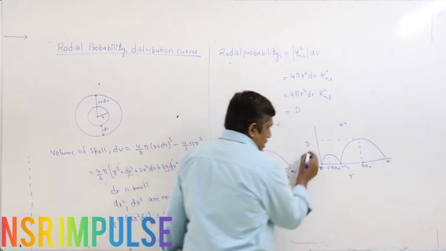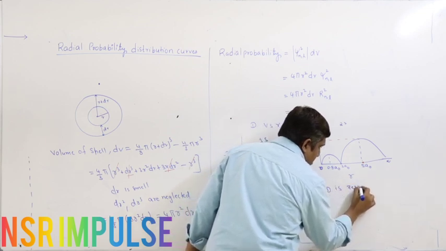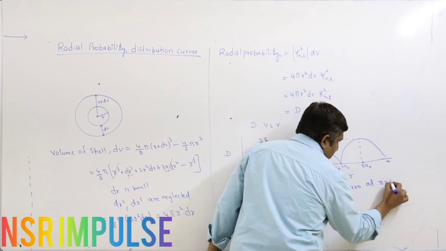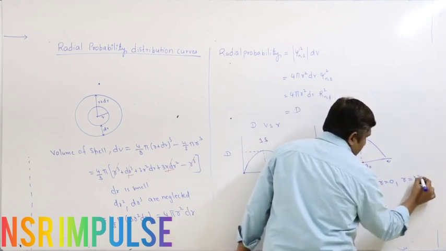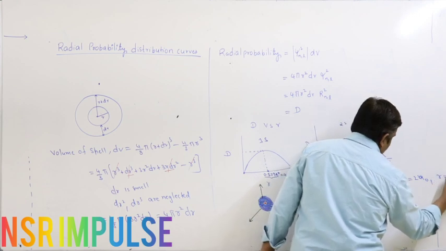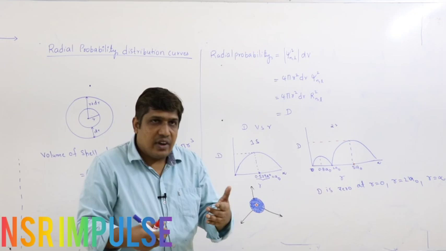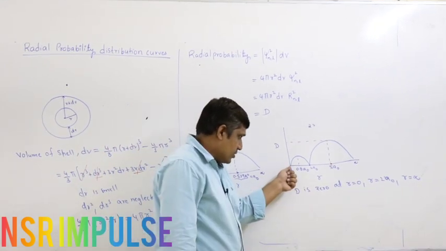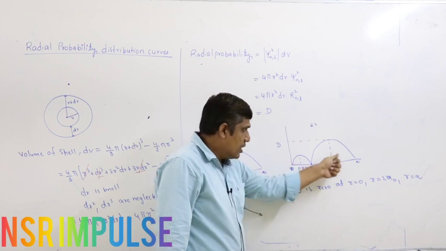Same as this, D is 0, that means at r equal to 0, at r equal to 2 a naught, and r equal to infinity. That means D represents what? Probability of finding the electron. The probability of finding the electron is 0 at the nucleus, this point, at 2 a naught, and at infinity.